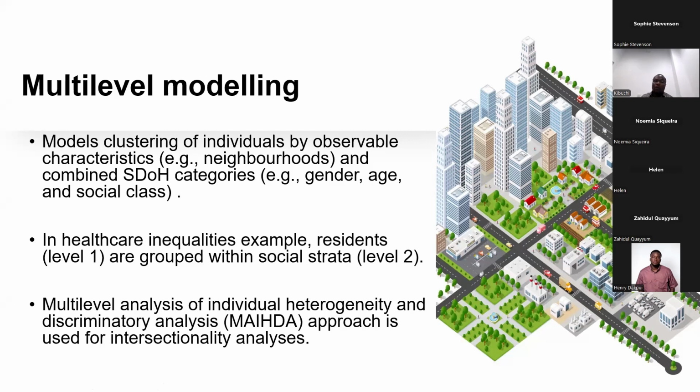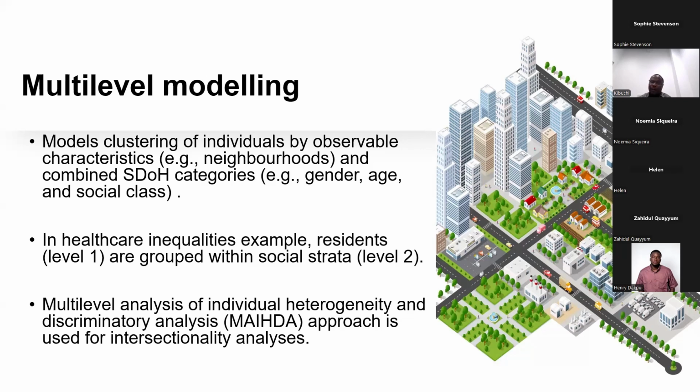But also we can combine categories, and this is now where the MAIHDA approach comes in. We can combine social determinant categories, let's say gender, age, and social class, to come up with a cluster. A good example, in the example I gave: a female who is younger and in the highest social class, all of them can be clustered as one cluster.